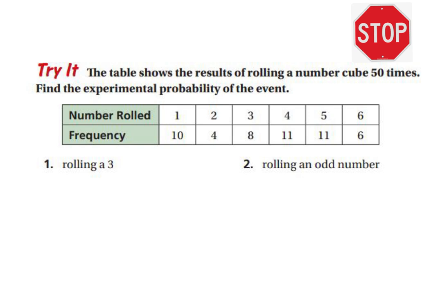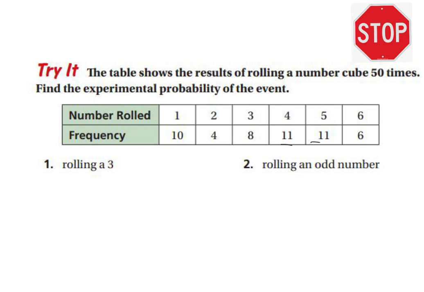Taking a look at the table, you can see across the top the numbers rolled. And this is a 6-sided number cube, so it makes sense that we have the numbers 1 through 6. The frequencies must be added to get a total number of rolls. 10 plus 4 is 14, plus 8 is 22, plus 11 is 44, and plus 6 is 50.